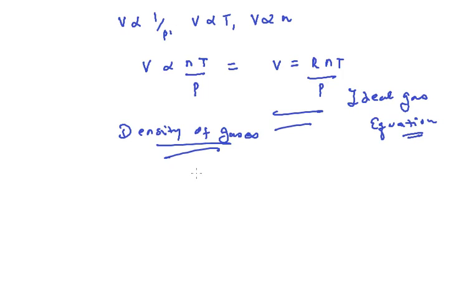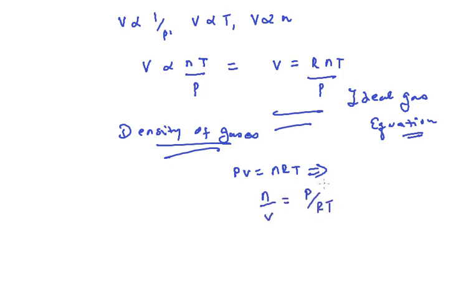So let's think about this. If we divide both sides of the ideal gas equation by volume and by RT, you can deduce this. You have PV equals nRT. We can write this as n over V equals P over RT.